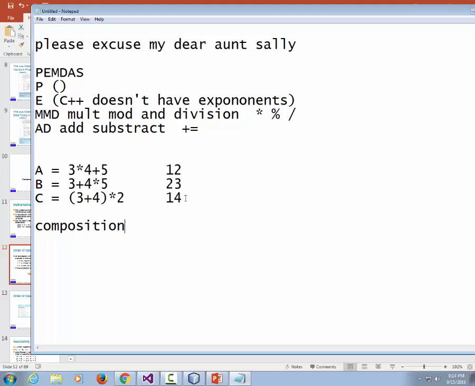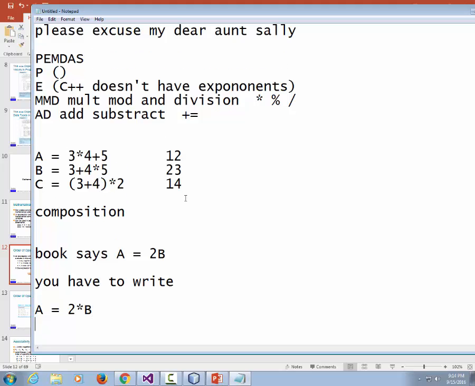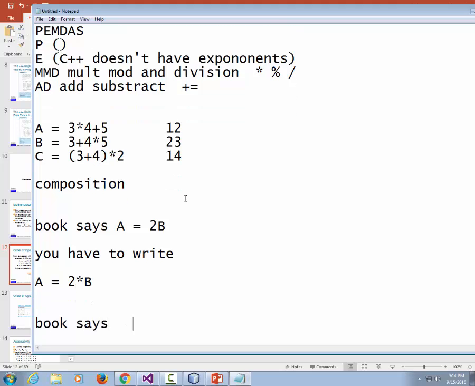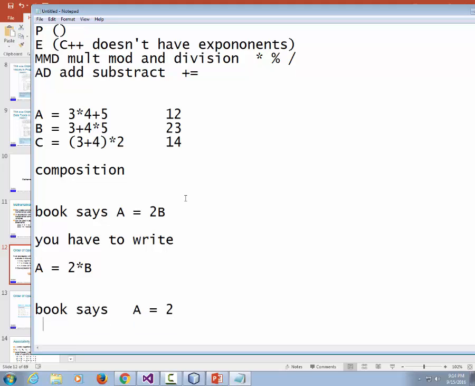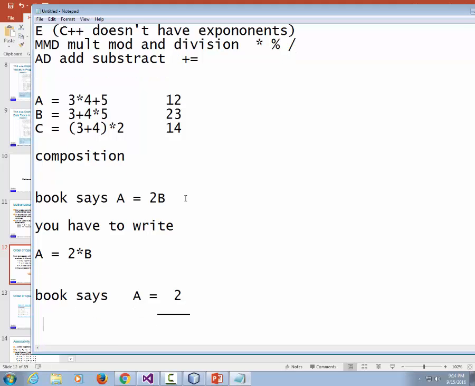So that's composition. Book says A is equal to 2B. You have to write A is equal to 2 times B. Book says A is equal to 2 over B plus 1.